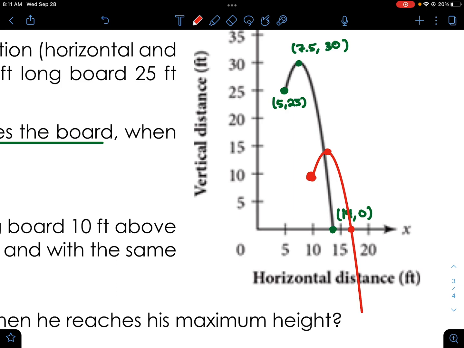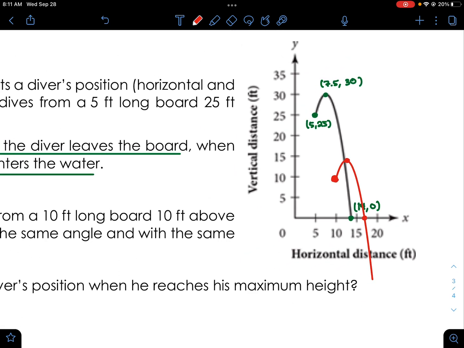So if we think about this, what happened here was this point was translated down 15 and then over 5. So we shifted it right 5 units and then down 15 units.